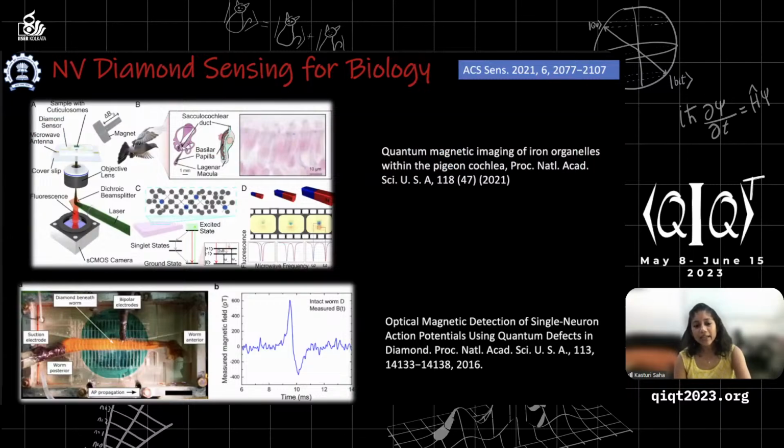There are other applications, and one of the things that we have been very interested in is this C. elegans worm. C. elegans worm has one single neuron, and a neuron is like a current carrying wire.